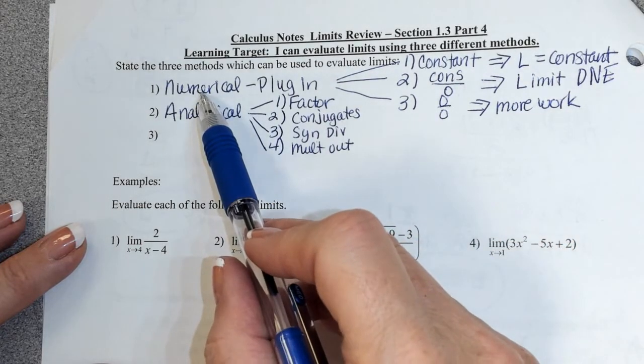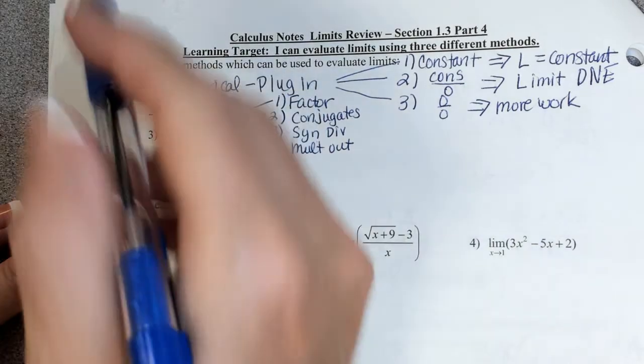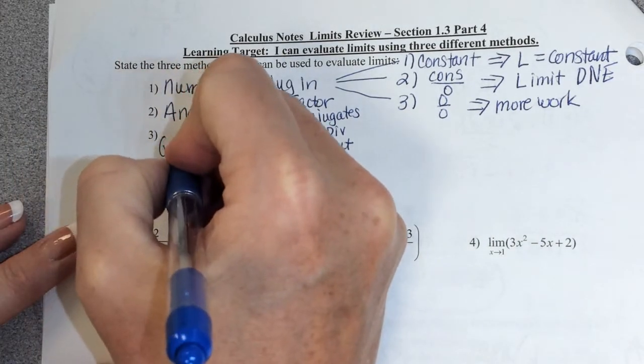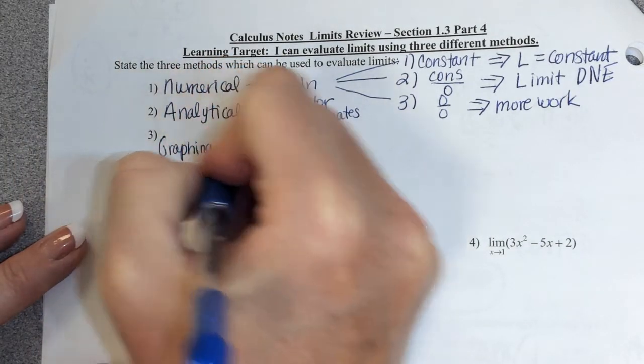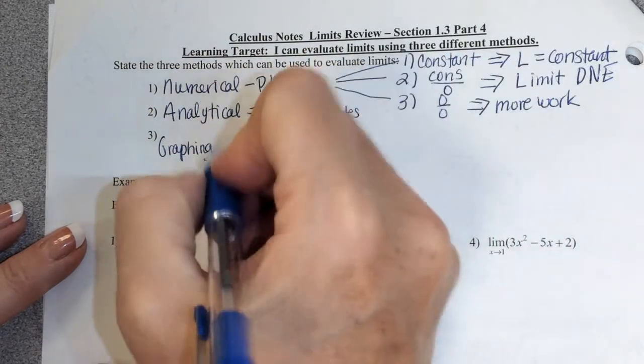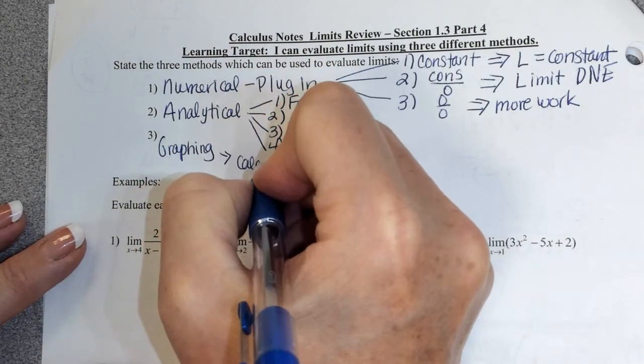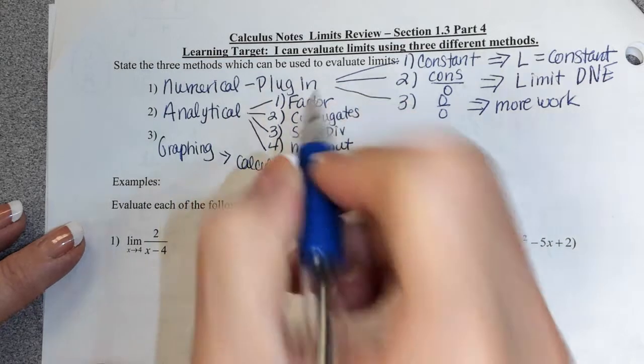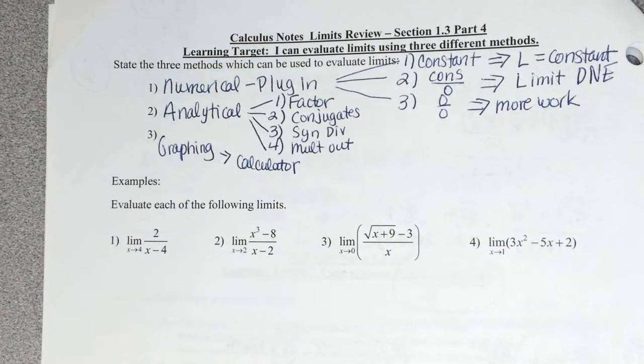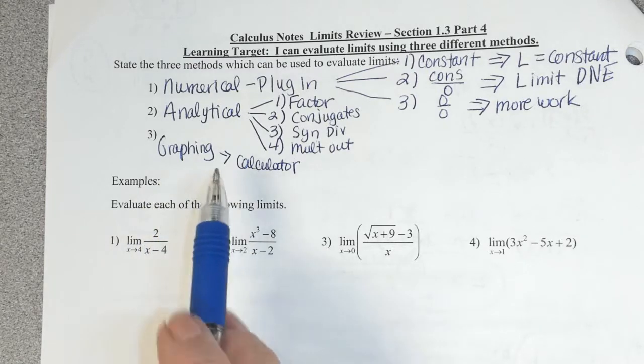Now, if we can't figure it out numerically or analytically, then we might have to use graphing. And on that, we might want to use our calculator. Now, if I'm taking a quiz or a test and I am allowed to use that graphing calculator, I'm going to use it to check everything. But here's the downfall with using a graphing calculator.